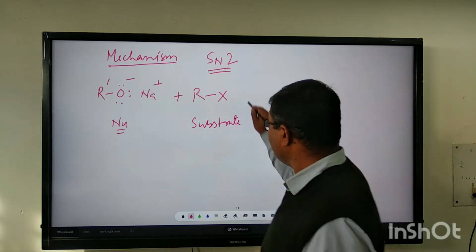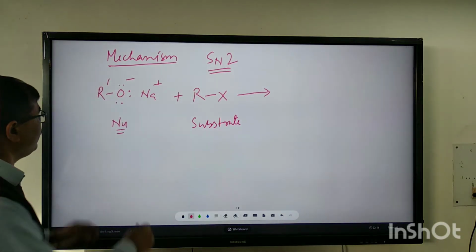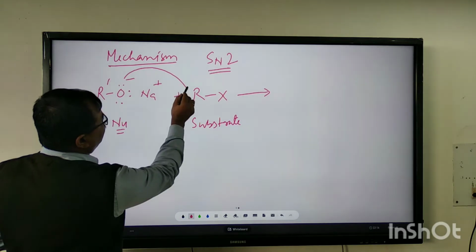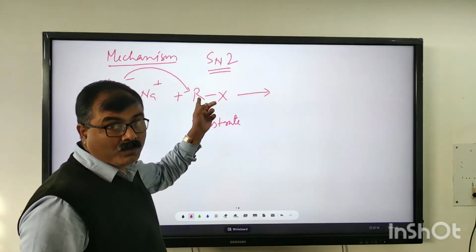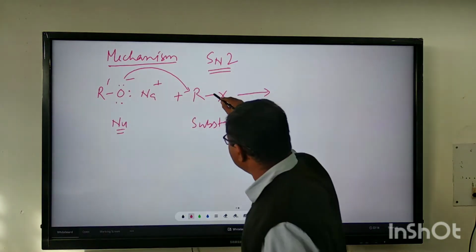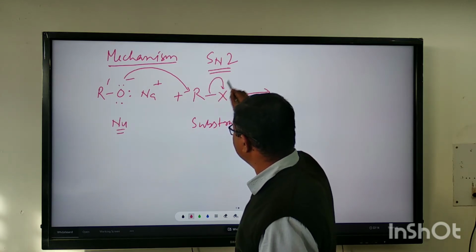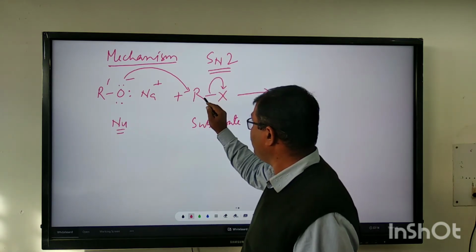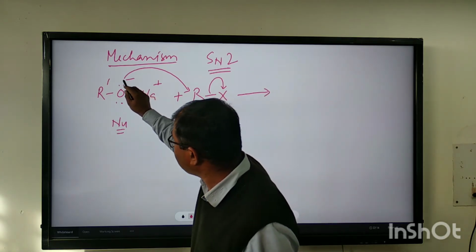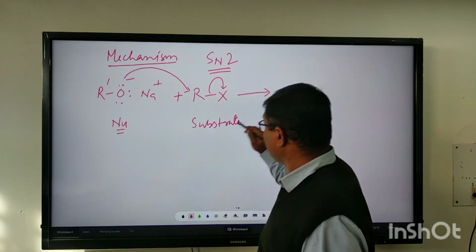Okay. Now as we know, in nucleophilic substitution reaction, the nucleophile attacks the carbon to which halogen is attached. Alright? This carbon-halogen bond will break. So bond breaking will take place between carbon and halogen. At the same time, bond formation takes place between this oxygen and carbon. Alright?